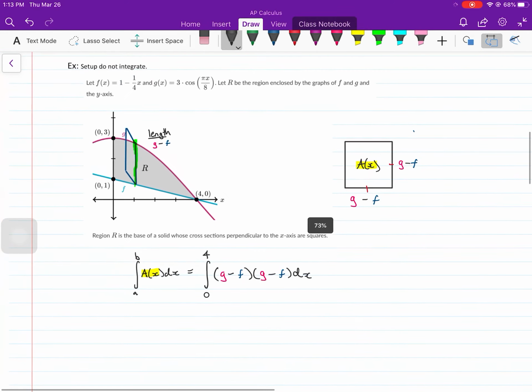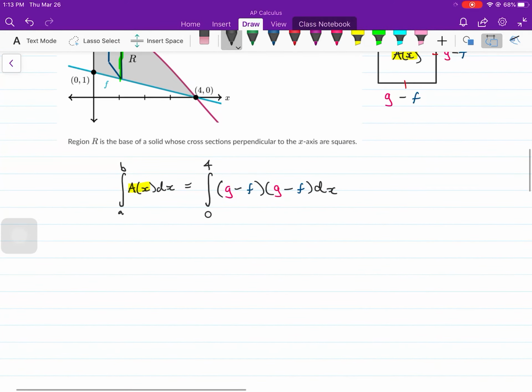Well, what is g and what is f? Actually, before we do that, what would this be? This would be g minus f times g minus f, which would just be g minus f squared. So I just changed those and made it g minus f squared.